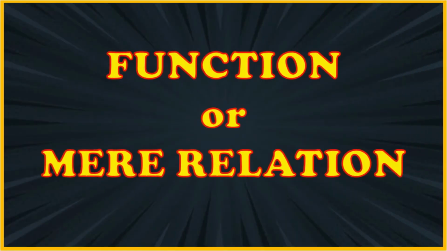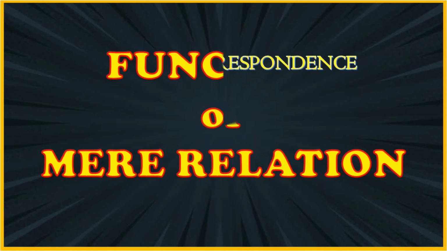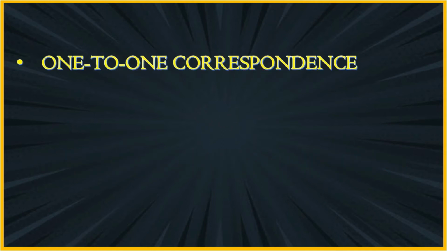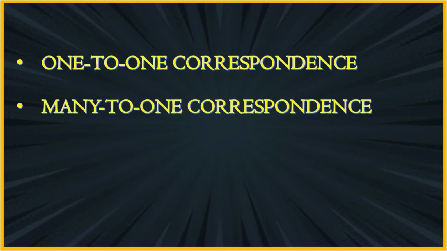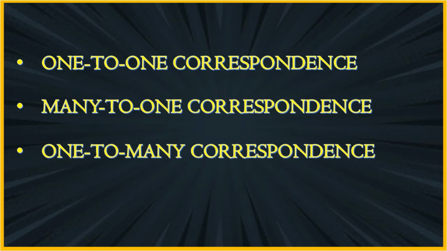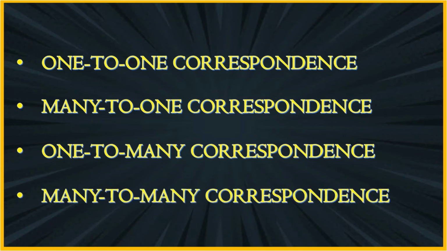This time, let us determine if the given set of ordered pairs, table of values, mapping diagrams, and graphs are functions or just a mere relation. I want you to familiarize yourself with the following correspondences: one-to-one correspondence, many-to-one correspondence, one-to-many correspondence, and many-to-many correspondence.